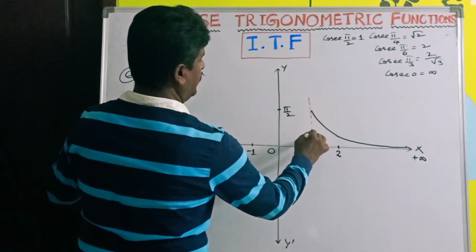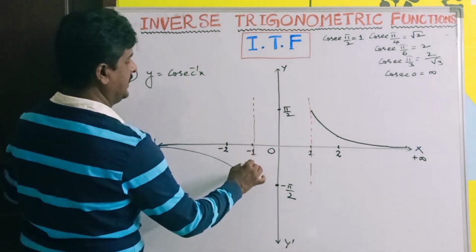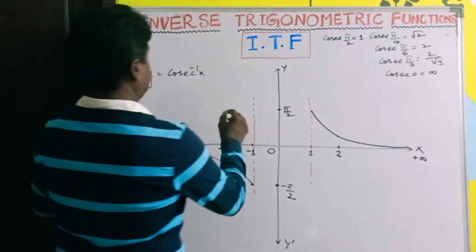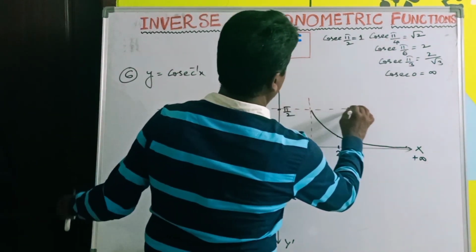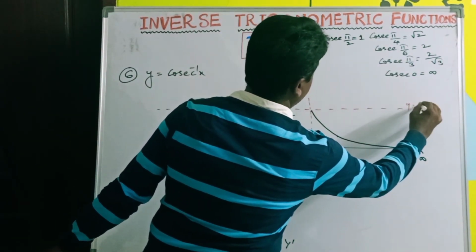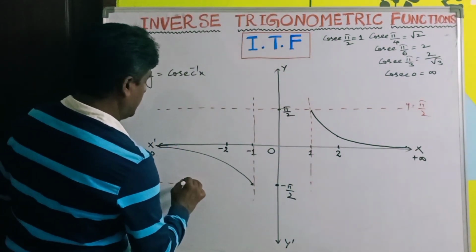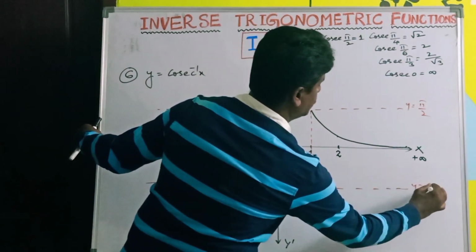See the boundaries of the graph. The graph is defined only on the x-axis from 1 to the right-hand side and minus 1 to the left-hand side. The upper boundary of the graph is y is equal to pi by 2, and the lower boundary of the graph is y is equal to minus pi by 2.